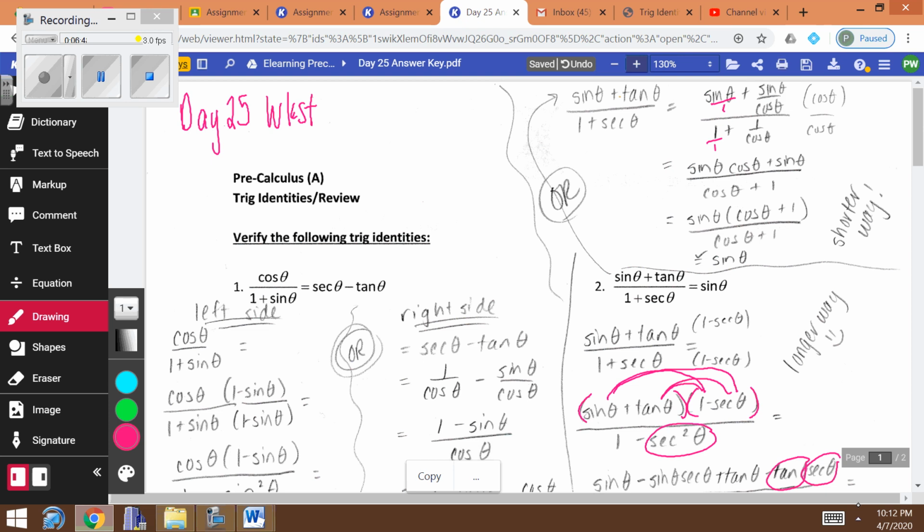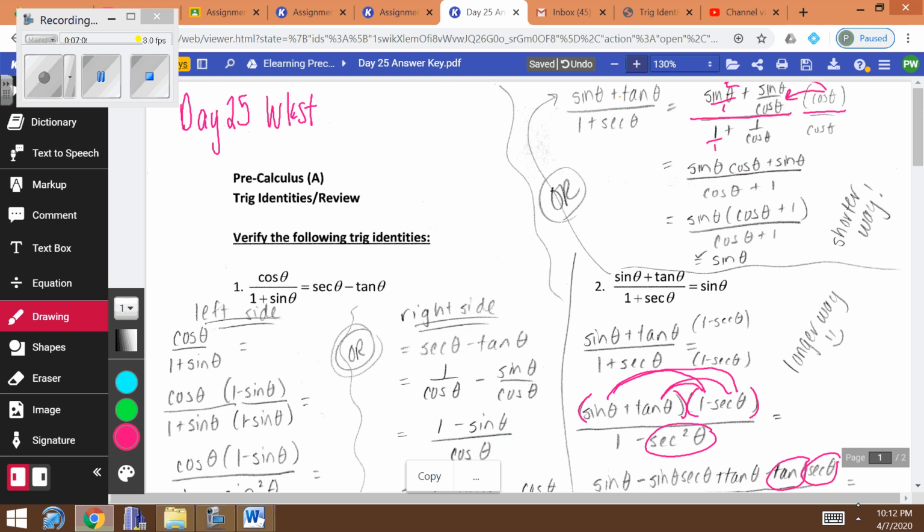And this entire denominator, the common denominator, would be the cosine. So if I look at this whole fraction and multiply the numerator and denominator by cosine, that would cancel out this cosine right here and give me sine cosine, because I'd still have to multiply it to both of them here.